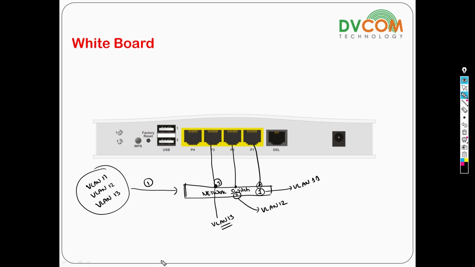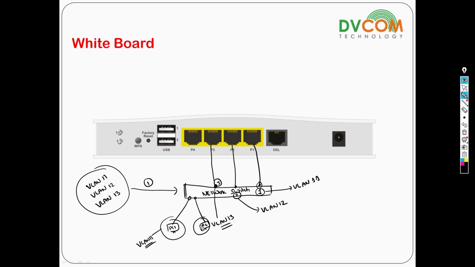That's it guys. Then after that, if you connect some end user devices, these are my devices PC1, PC2. Don't get confused. Let's say PC1 belongs to my internal staff, so this port I am going to shift into VLAN number 11.